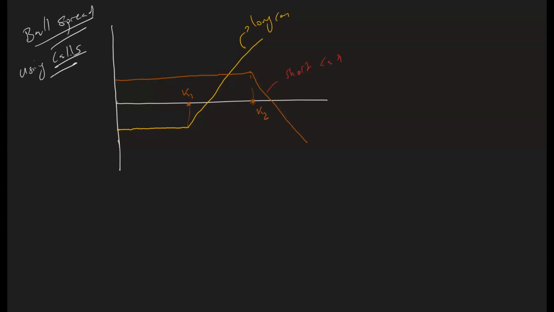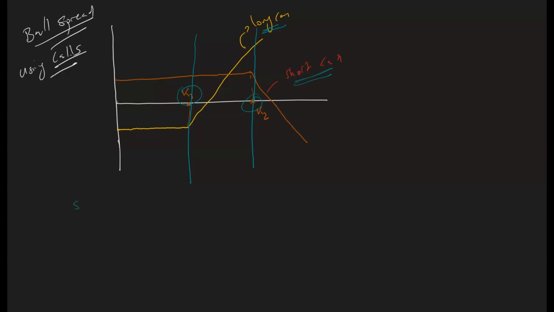Okay, so let's split this into three sections: the first section here, the second section, and then the third one. Let's remember which contracts we are working with. Always remember that the long call has a lower strike price and the short call has a higher strike price.